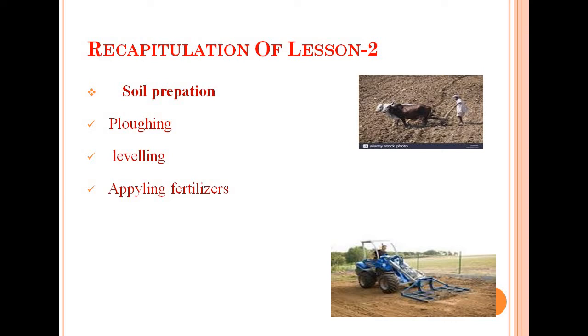Ploughing is the process of loosening and turning the soil. Leveling is the process in which the large crumbs of the soil are broken down into smaller ones. And the third one is applying fertilizers, in which fertilizers are added to the soil to make it rich in nutrients.